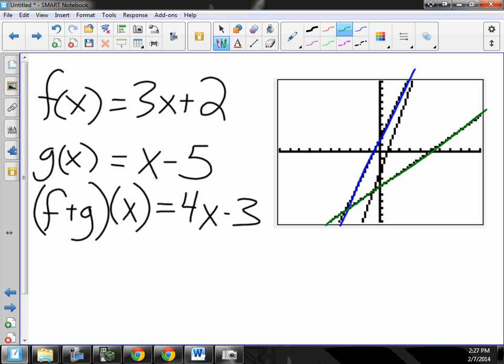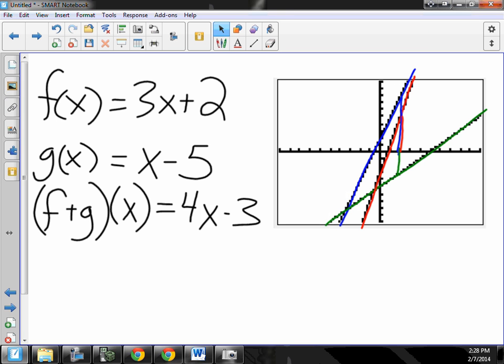And now f plus g of x we'll draw in red, and it is the addition of the two. If I picked any particular point, let's say x equals 2, the height of the blue plus the height of the green should equal the height of the red.